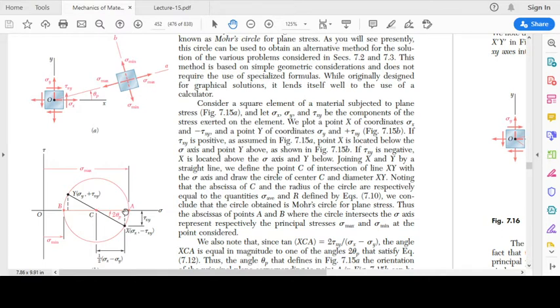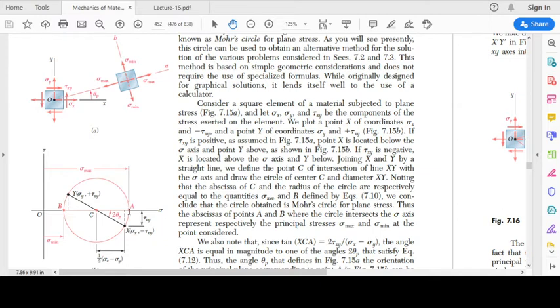This line CA is representing principal plane P1, because at point A we have maximum normal stress, and maximum and minimum normal stresses are termed as the principal stresses. So when we join this point A with the center, this line CA is representing the principal plane.